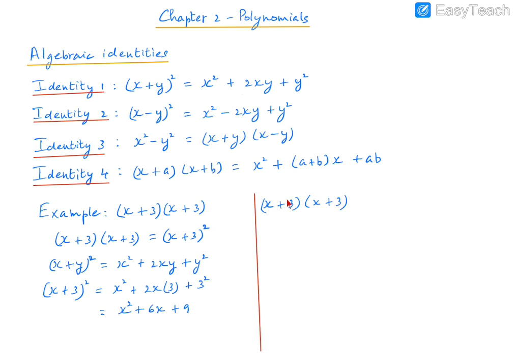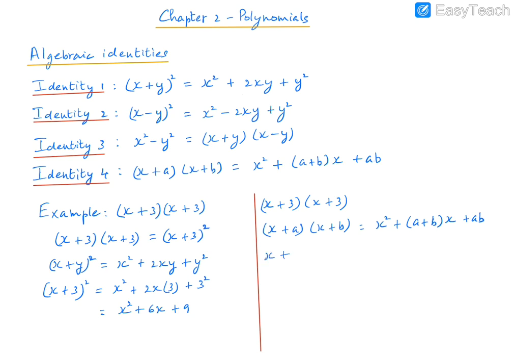So a is equal to 3 and b is also equal to 3. So we could use the right hand side of identity number 4 and solve this. So this is of the form x plus a into x plus b, which is x square plus a plus b times x plus a into b.